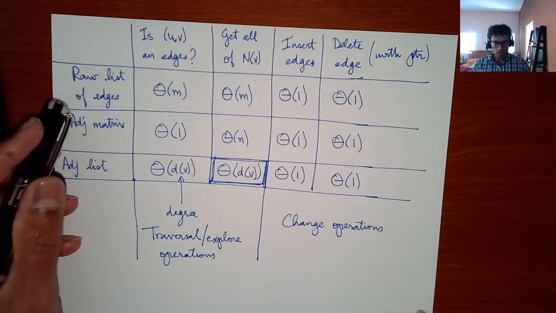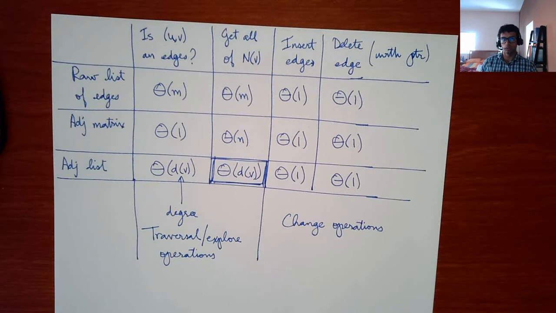And indeed, there are some operations where the raw list of edges is really easy. A simple one is, let's say I have two graphs on the same set of vertices and I want to combine them. Then, the raw list of edges is really easy because you could just stick it together. Or let's say I have a graph and I want to split it into a bunch of parts and send them each to a separate processor. The raw list of edges is great because it's easy to split up an array.